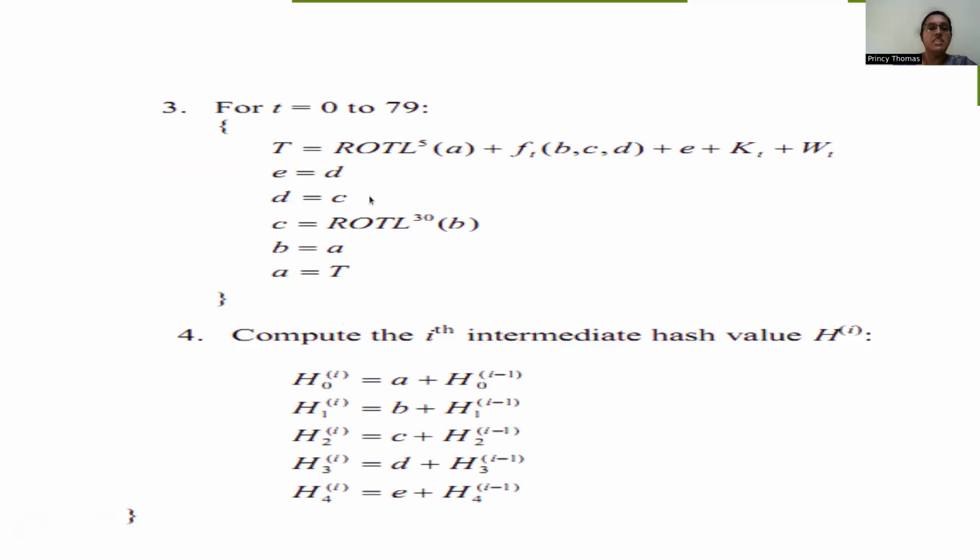So A, B, C, D is calculated in this way. Then compute the ith intermediate hash value. So H of i is equal to this A value plus the previous A value. H1 is B value plus the previous B value. Similarly, all the 5 values are computed.